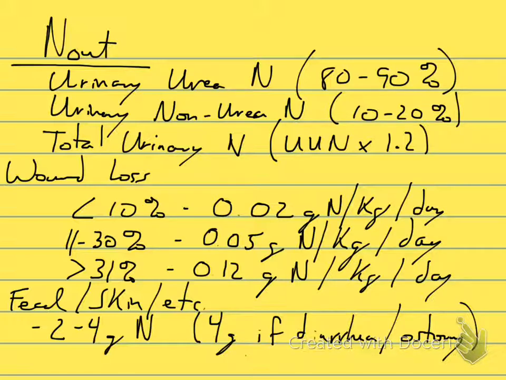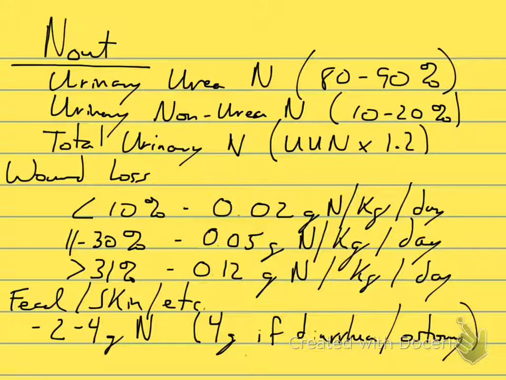As far as wounds go, depending on the amount of body surface area that has an open wound, you have varying amounts of nitrogen being lost depending on body size. So if less than 10% of the body has open wounds on it, then you're going to use a factor of 0.02 grams of nitrogen per kilogram per day.